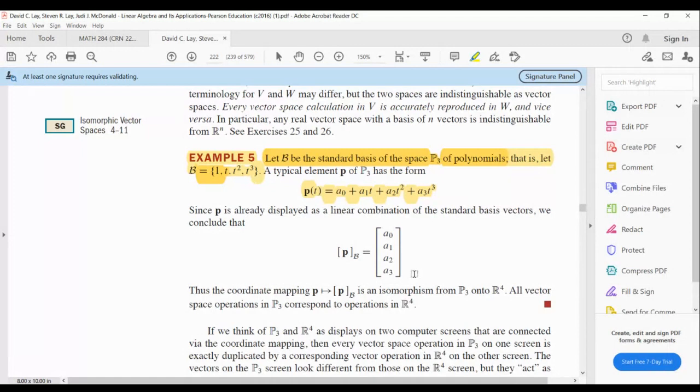So for the polynomial space, P sub 3, any vector in that space would have this coordinate vector here: a sub 0, a1, a2, a3. Okay, so they say the coordinate mapping. Well, let's make sure you're comfortable with that.